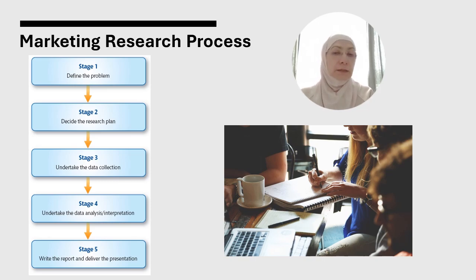So it's not set in stone. When you design it, you could update, and you need to be dynamic and flexible enough to do that. But as we said earlier, we start with setting what is the problem. So the problem statement, or the issue, the aim, the purpose of the research. What are we trying to find out or achieve or understand?